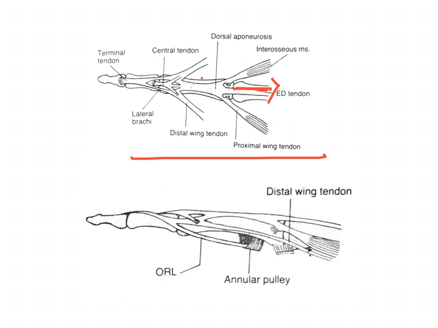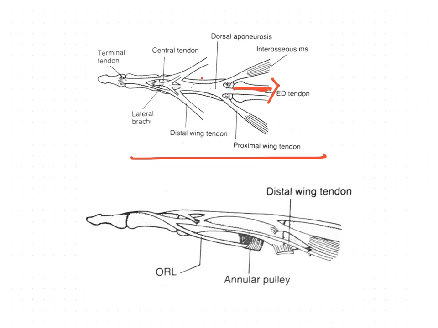So here the tension is normally maintained in two ways: one is the contraction of the ED tendon during active MCP extension, and the other is the passive stretch imposed on the extensor tendon during active MCP flexion.